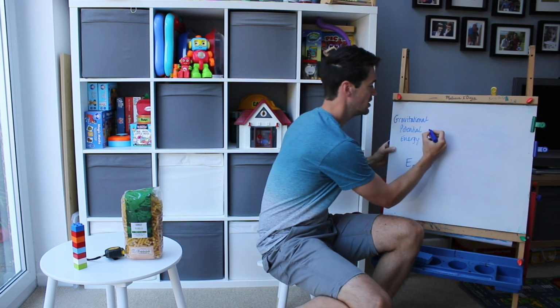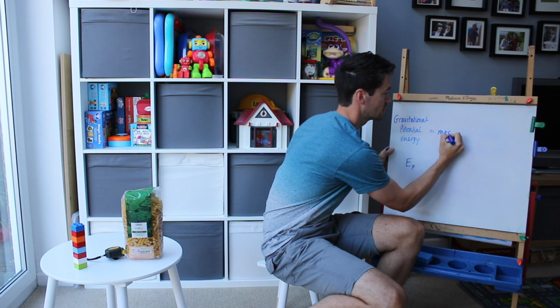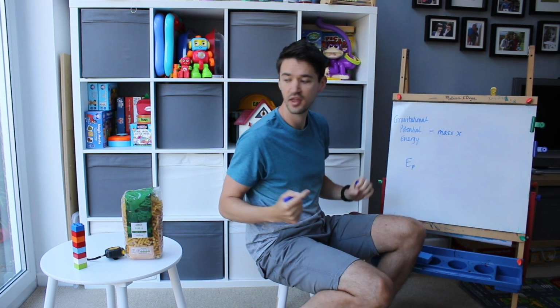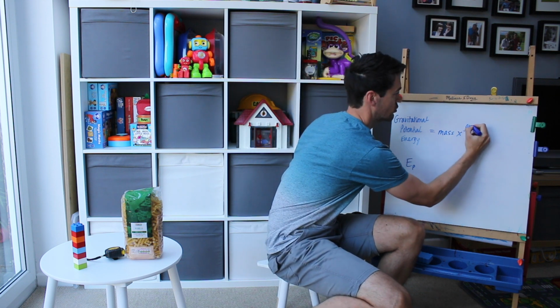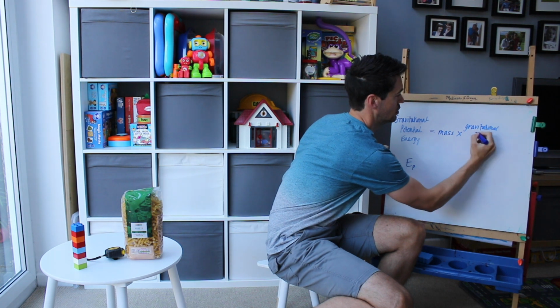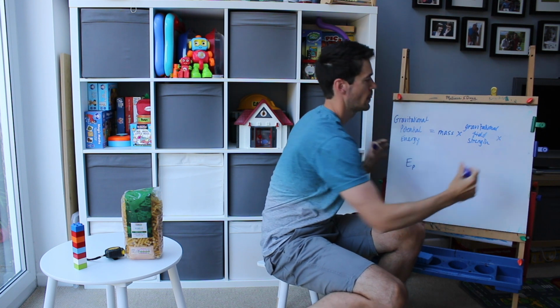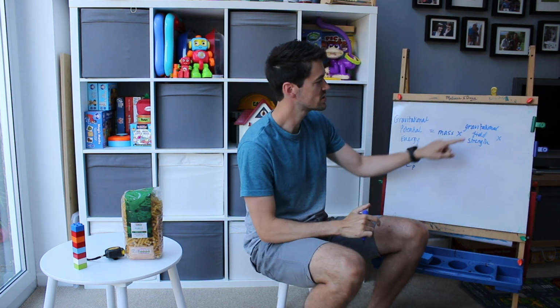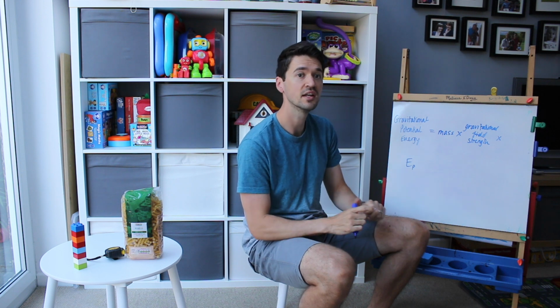Right, let's have a look over here then. Gravitational potential energy is equal to, we'll start with the mass of the object. Then we're going to put in the gravitational field strength. So on Earth, gravitational field strength is 9.8 newtons per kilogram.